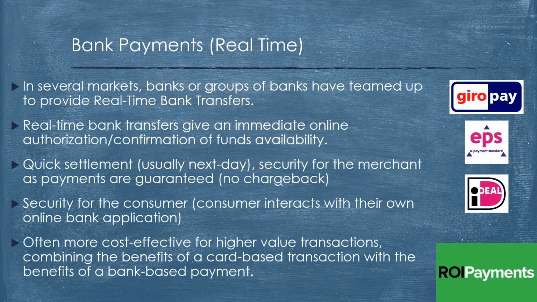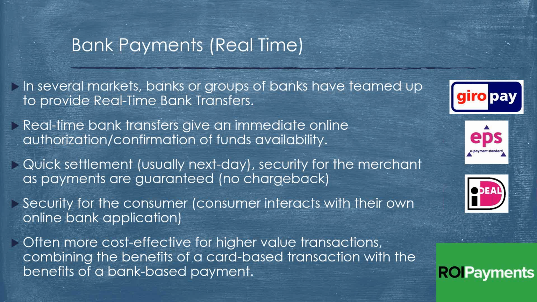Now, in terms of bank payments in a real-time network, important to note here that these are not terribly popular in the U.S., but they are incredibly popular literally everywhere else except for the U.S., especially in Europe. You see on the right here, I've got a couple of logos. GiroPay is in Germany, EPS is in Austria, and iDEAL is in the Netherlands.